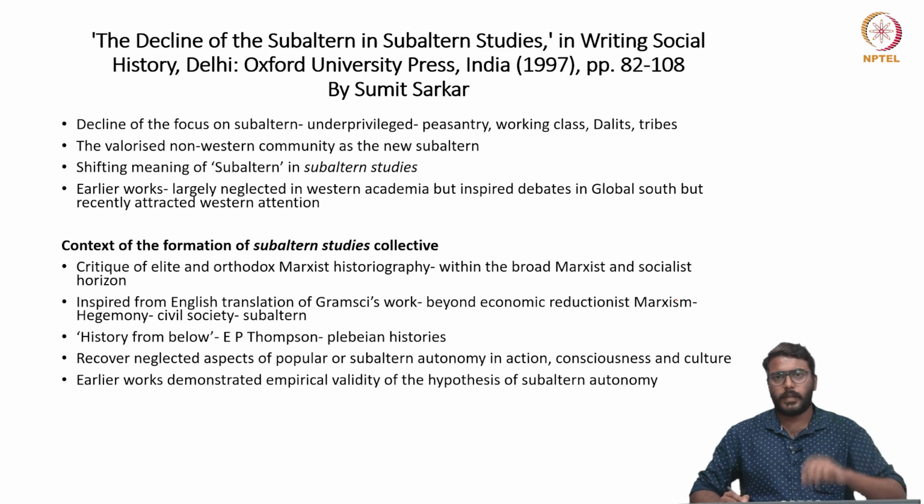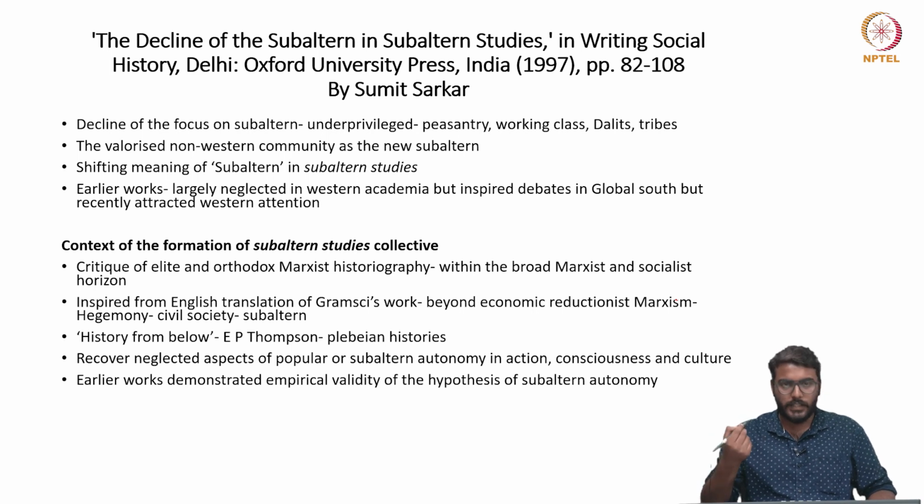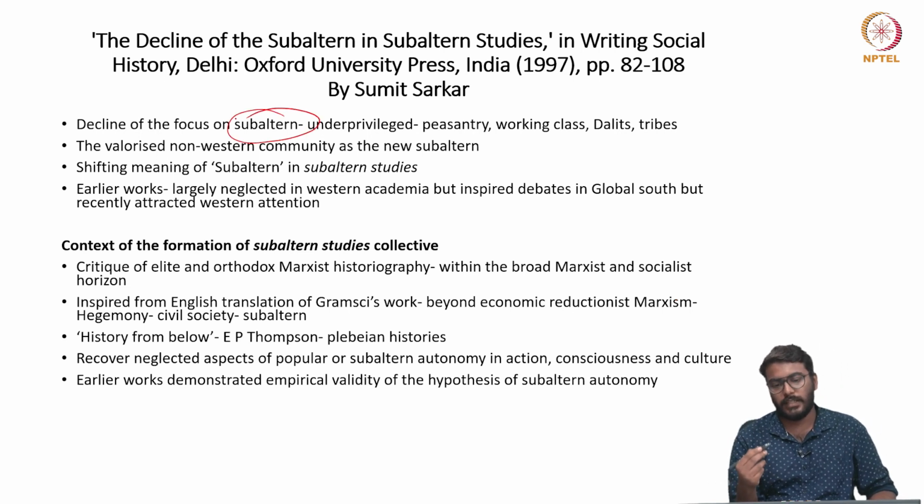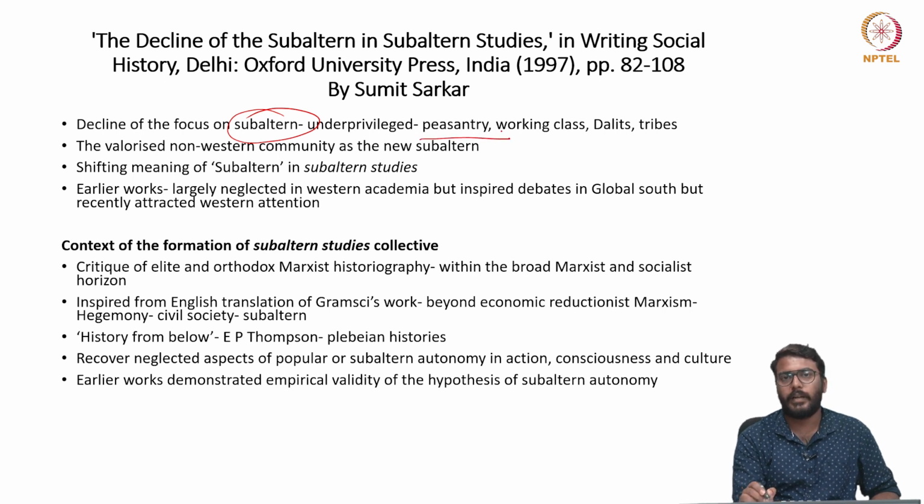We will first look at the major points of Sumit Sarkar's critique, and then we will go into detail. The first critique, which is very obvious from the title, is that there is a decline of focus on the subaltern in subaltern studies. The latest subaltern studies volumes have not paid enough attention to the underprivileged. The idea of peasantry has completely disappeared.